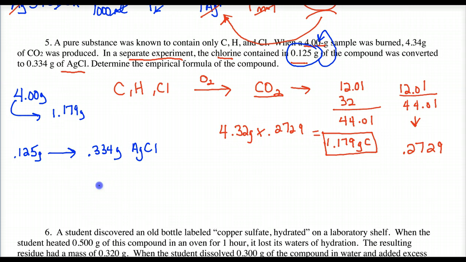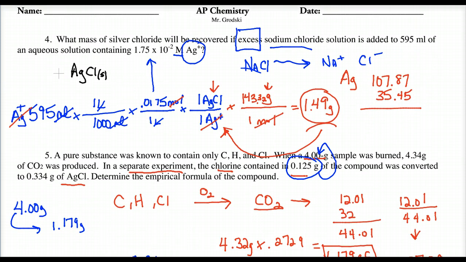So let's just do that. 0.334 grams of silver chloride. I'm going to get rid of grams, so grams goes on the bottom. I want 1 mole is how many grams. I'm converting to moles, and we already did this up above.